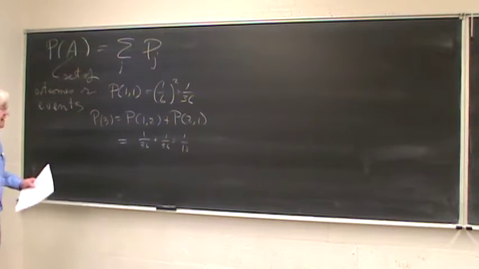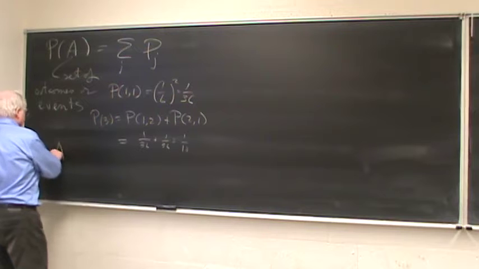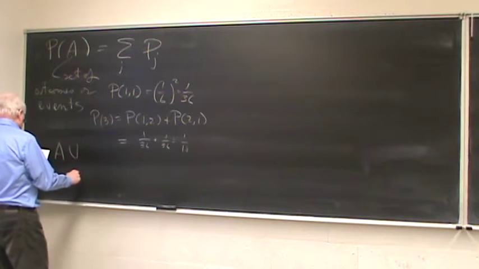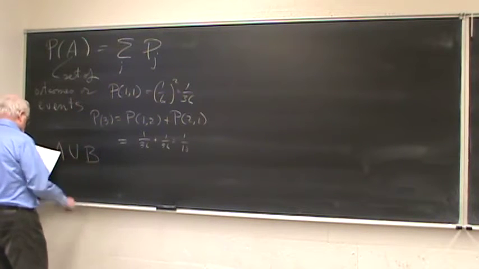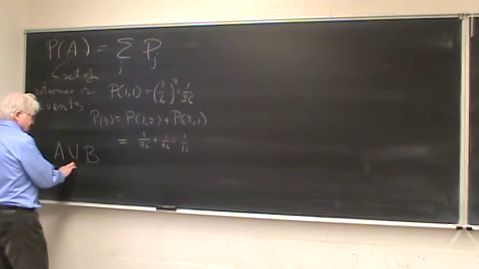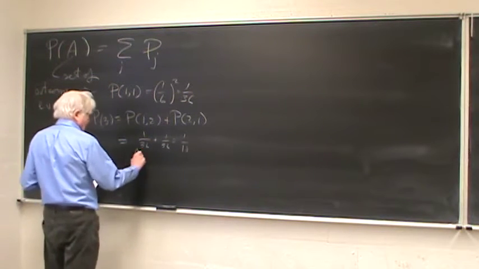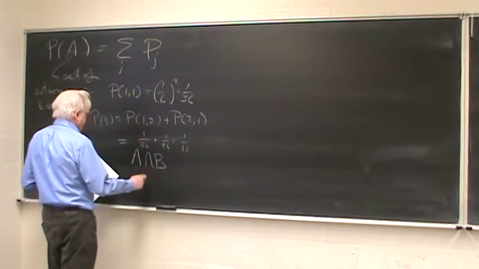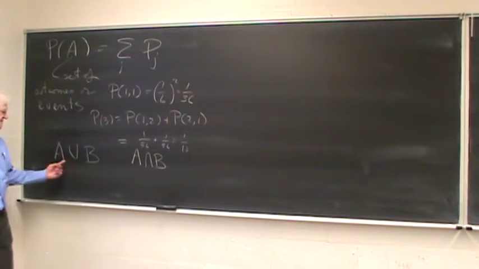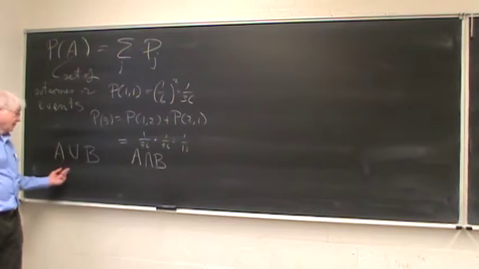Okay, now, suppose A and B are two sets of possible outcomes. This is the union and A intersection B. So this is the set of outcomes that are in either A or B or both.